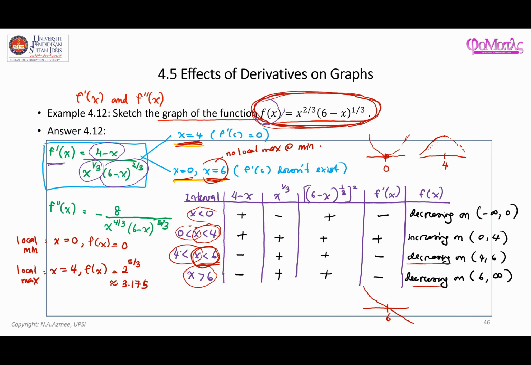Alright, so that is all the information that you can obtain from looking at the result of the first derivative. But these results are not enough to sketch the graph of the function, and so we are going to move on to study the second derivative.